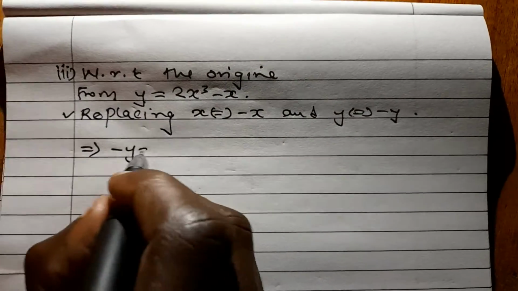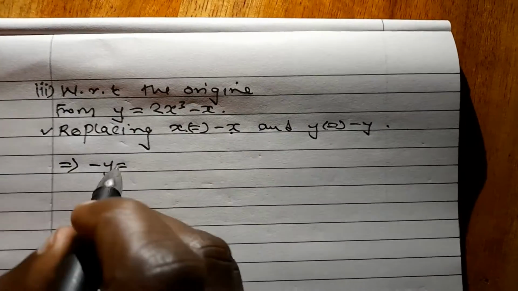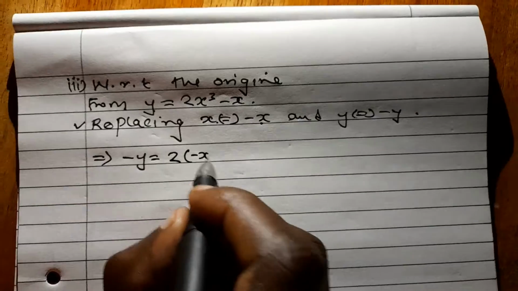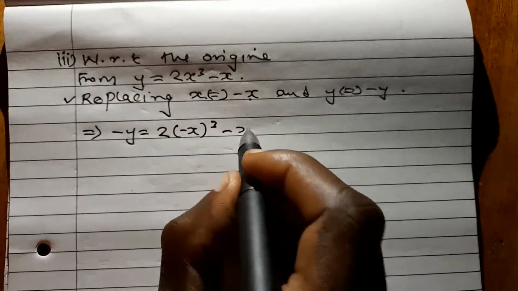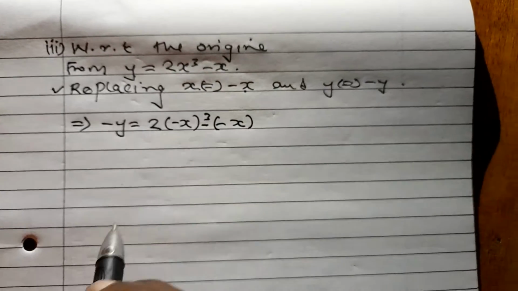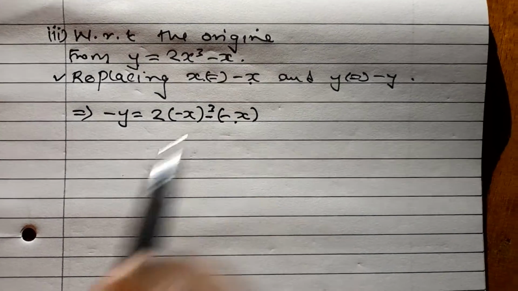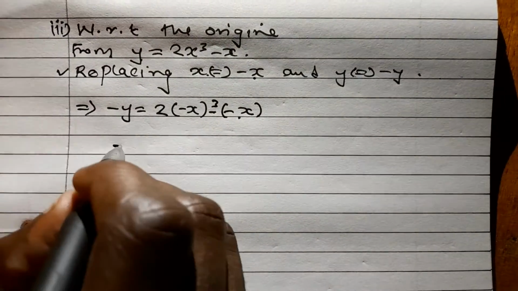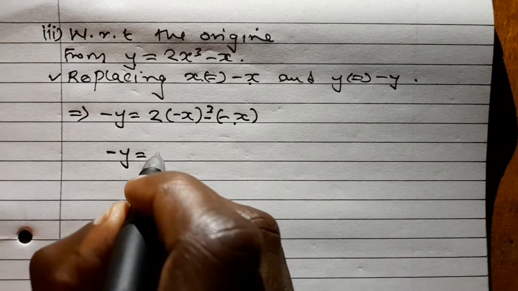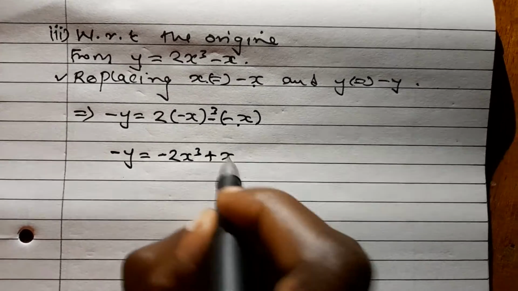We'll have negative y is equal to 2 times negative x cubed minus negative x, because this x is replaced with negative x. So this will give us minus y is equal to minus 2x cubed plus x.